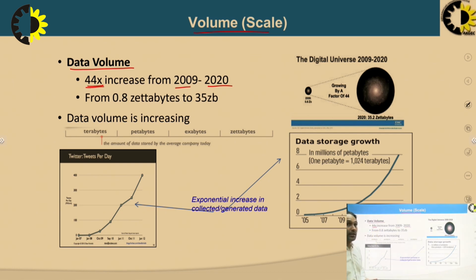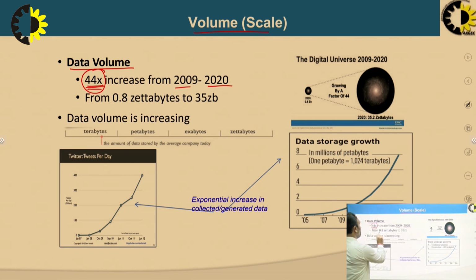I repeat, this is a statistic from a research paper that analyzed the variation in the size of data volume used over the network, which increased 44 times. So why do we need big data? Because the traditional approach is not capable of analyzing, storing or capturing such a size of data.